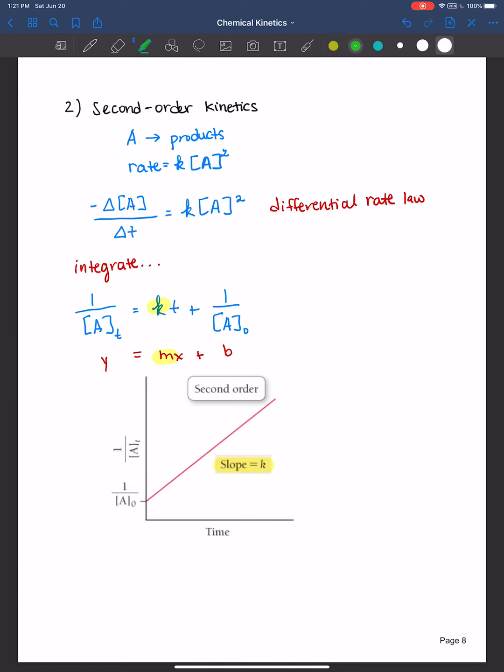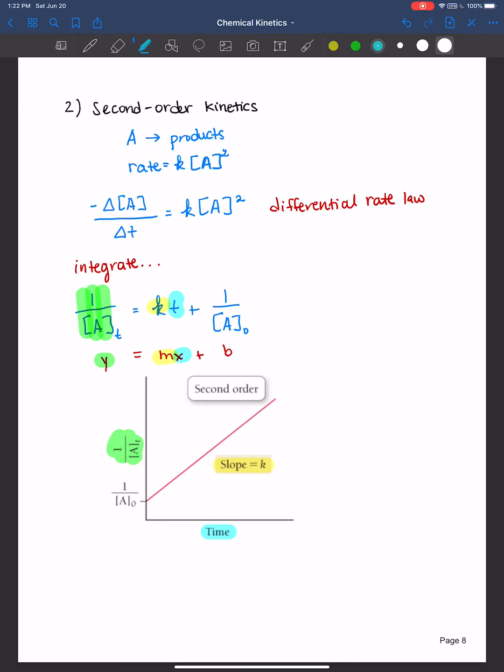I also see with my y-axis that I would need to plot 1 over the concentration of A at time t, as you see here. And then for my x-axis, I would need to plot time.